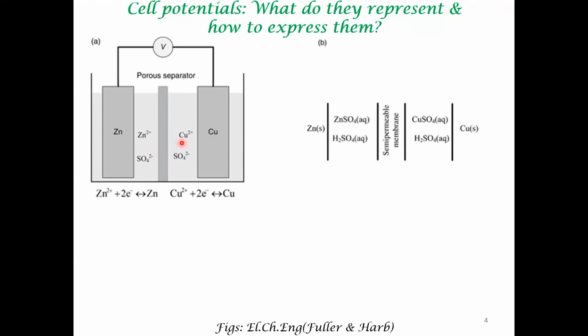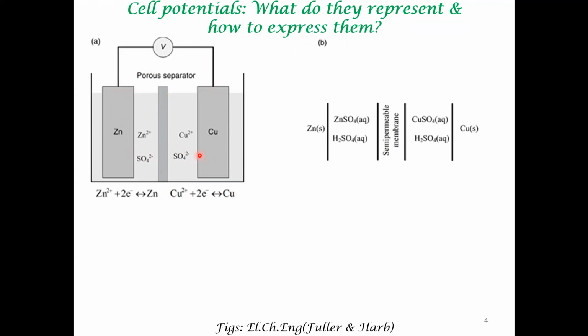The semi-permeable membrane serves two roles. The first role is that even when there is an electron flow, the charge neutrality is maintained by the semi-permeable membrane because it allows sulfate ions to translocate across the membrane. That is the first role, to maintain charge neutrality in both the chambers.